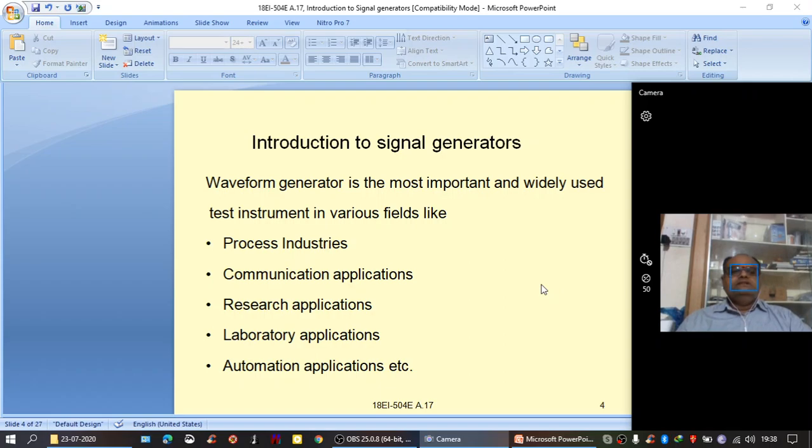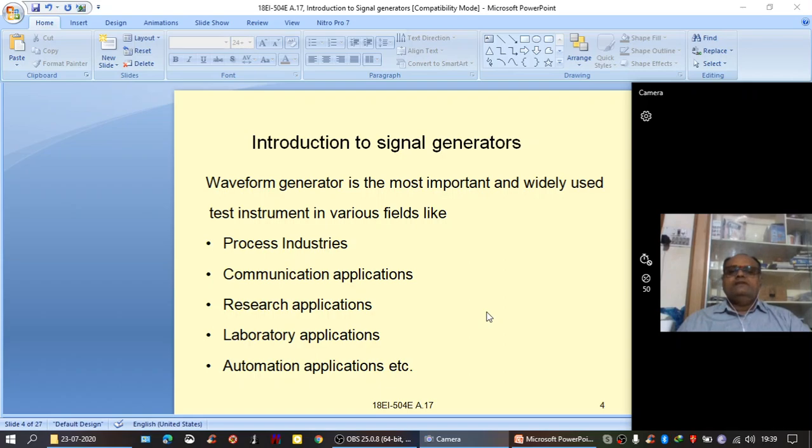Waveform generator is the most widely used test instrument in various fields like process industries, communication applications, research applications, laboratory applications, and automation applications.